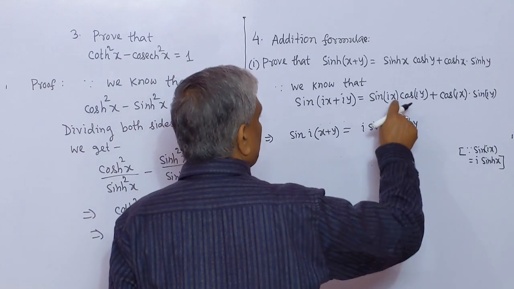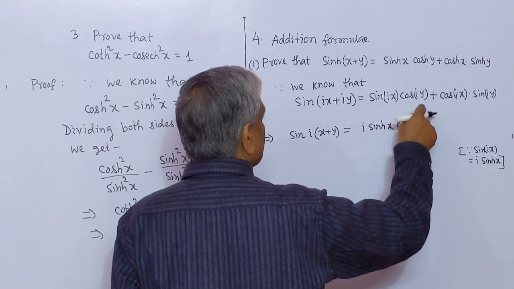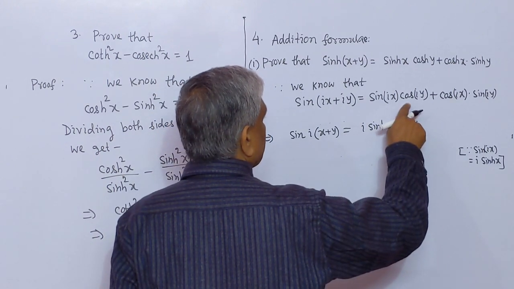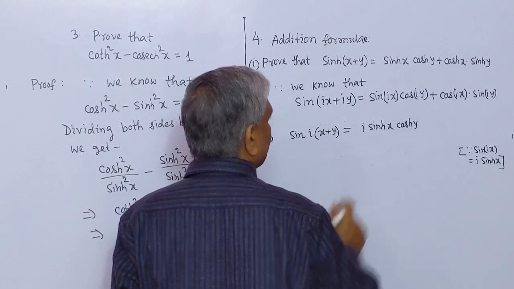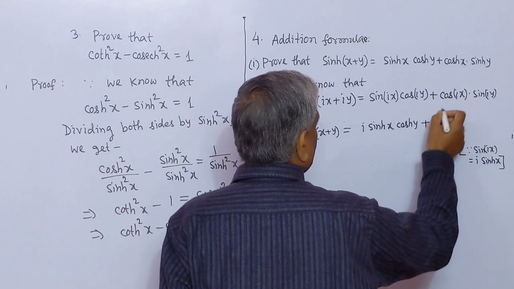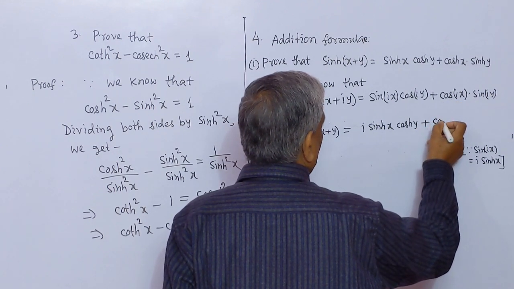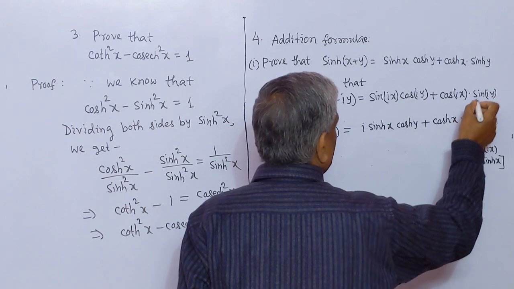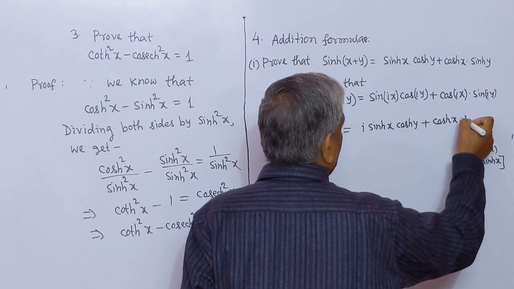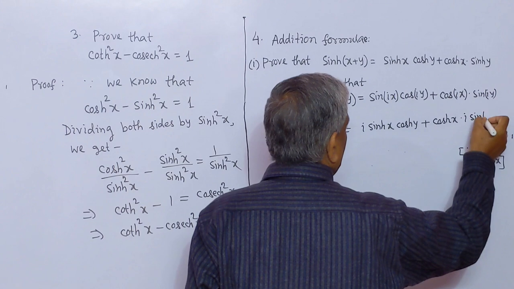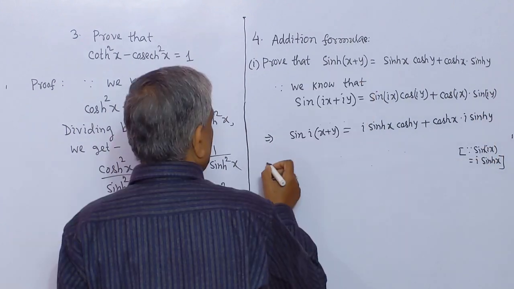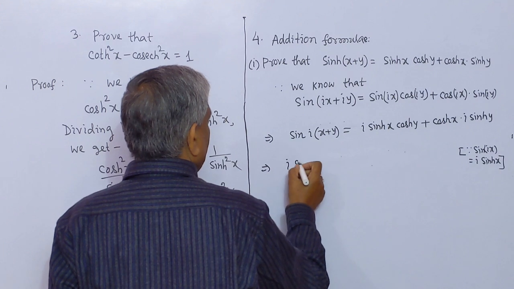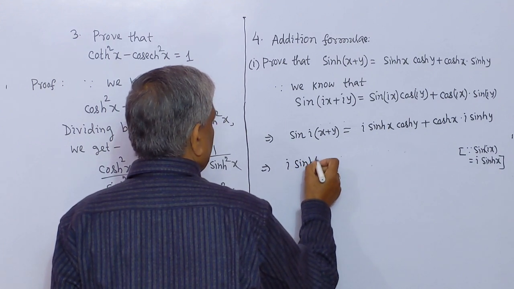We know cos ix equal to cosh x, so cos iy equal to cosh y, plus here also the same cosh x, here i sinh y, and this is i sinh of x plus y.